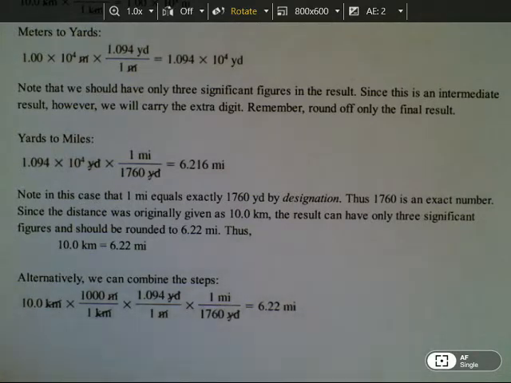So you can combine these into very large conversion factor problems. Here, we're using 3 different conversion factors, but we can throw them all together as long as you understand the idea behind this dimensional analysis unit conversion process. You can start to do it like this, and this is going to save you a lot of time and a lot of headache.